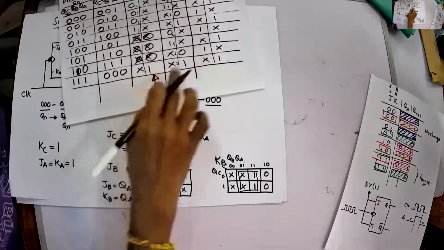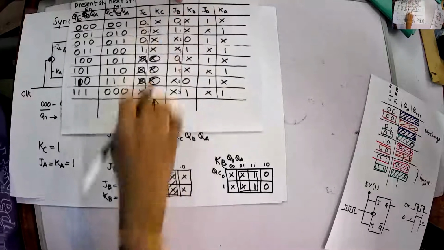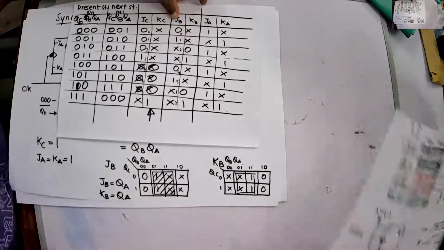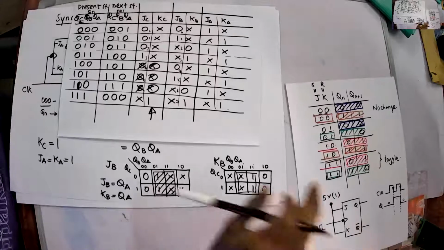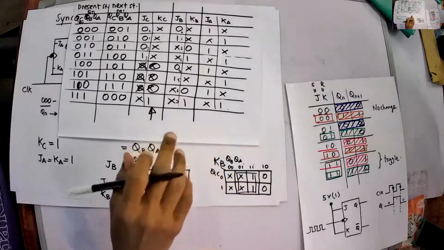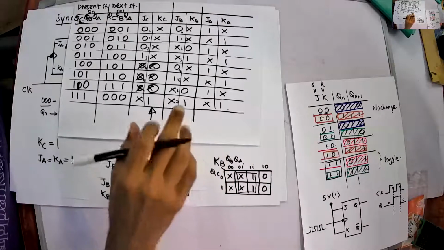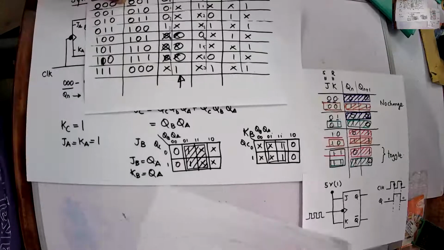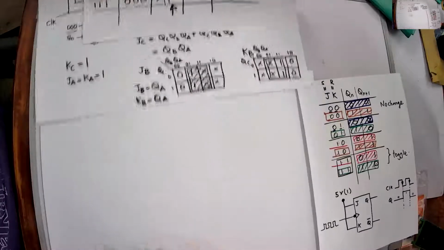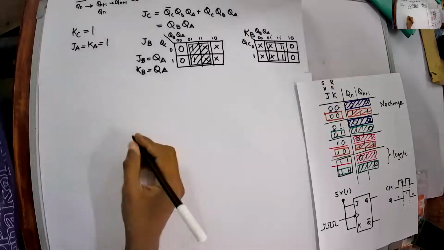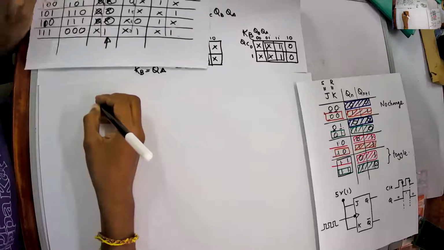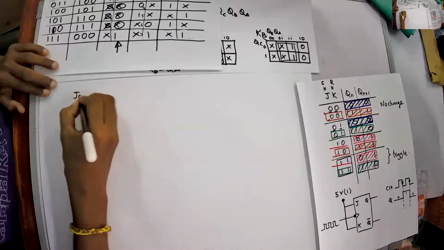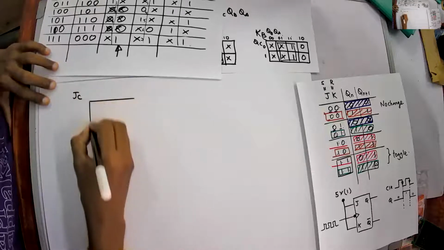Of course, we'll do a K map for JC, KC as well, since we have changed the values. Okay, keep this one. We'll do that one in the K map as well. So now, let's see JC again.